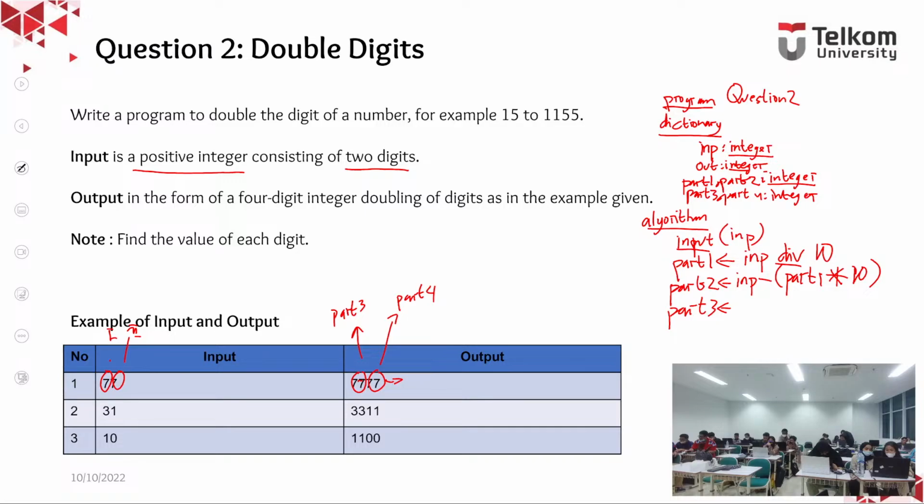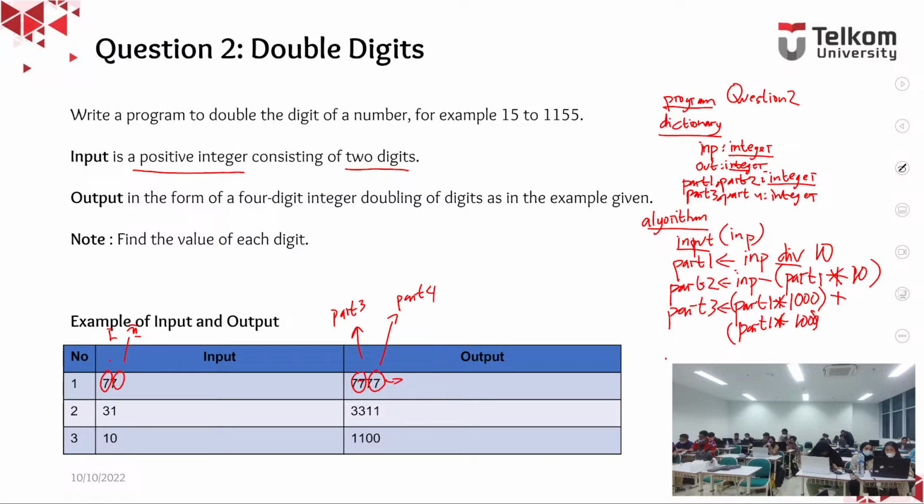So part 3 will be part 1 multiplied by 1000, plus part 1 multiplied by 100.